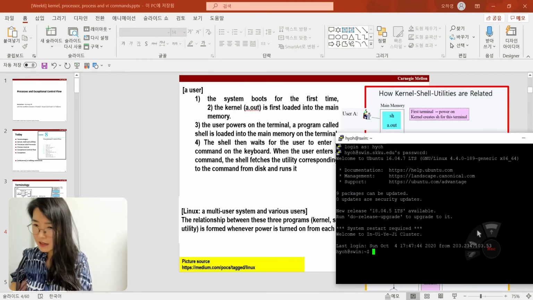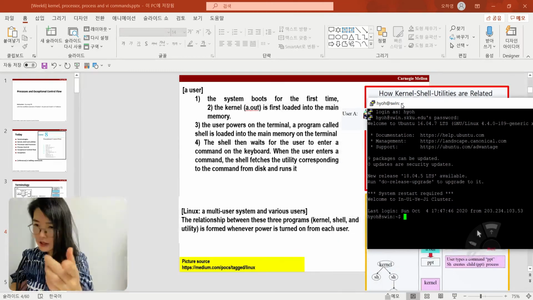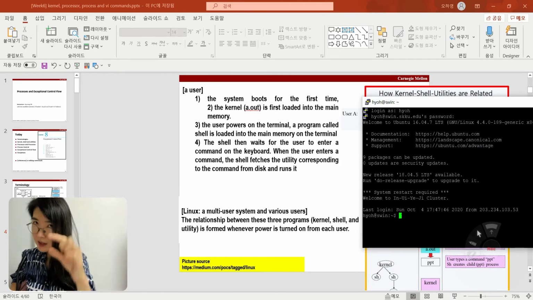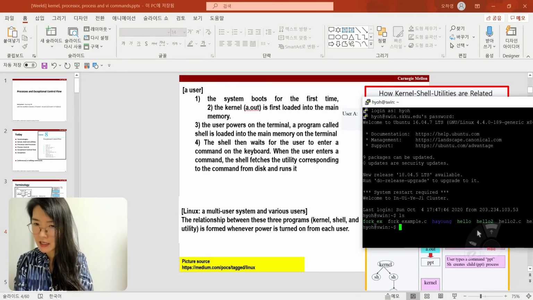And that means such as the cursor, right? The cursor waits for the user to enter commands on the keyboard, right? So when the user enters a command, such as ls, the shell fetches the utility corresponding to the command from disk and runs it. All right?